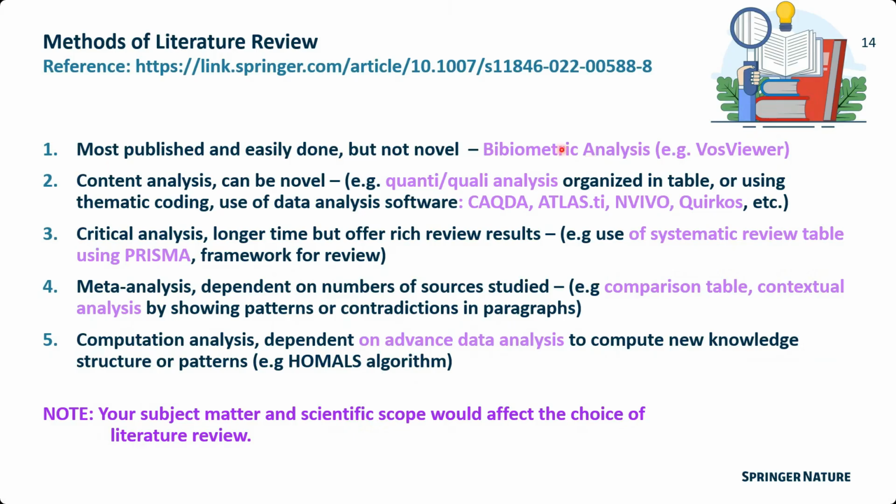So the most published and easily done is bibliometric analysis. Researchers love using VOSviewer. VOSviewer is free. If you just look it up on YouTube, there is free training as well. And I believe there are lecturers in your university who teach VOSviewer. It can easily be done.